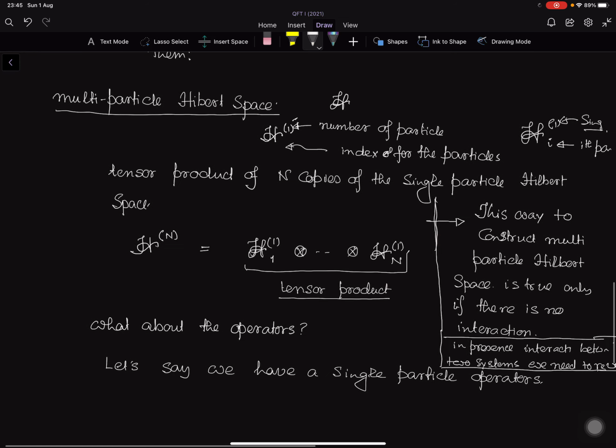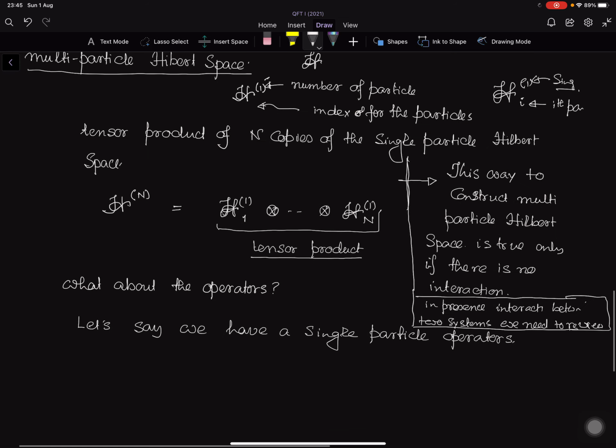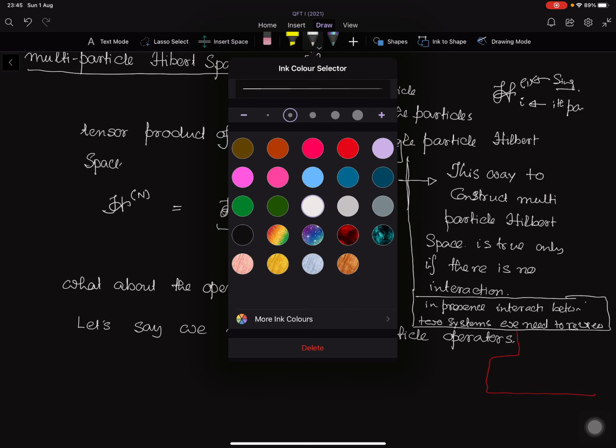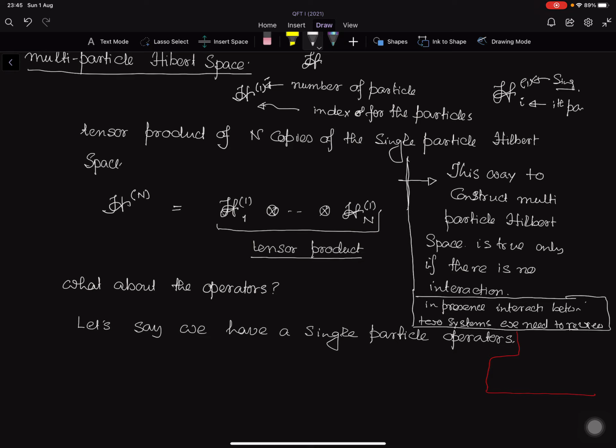In fact, this is not always true. One such example is bound states. Bound states cannot be obtained in this way.